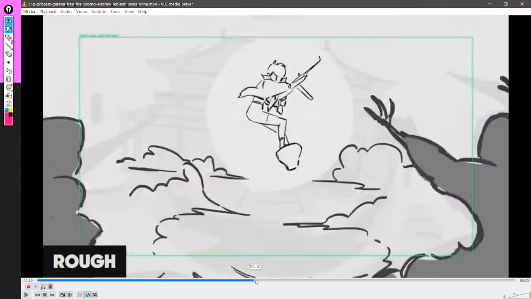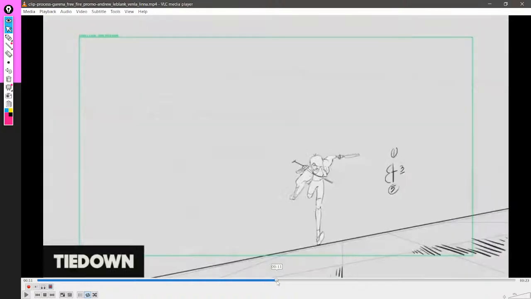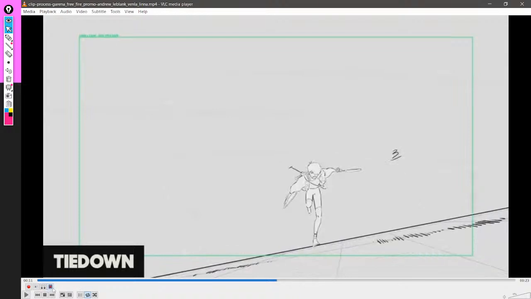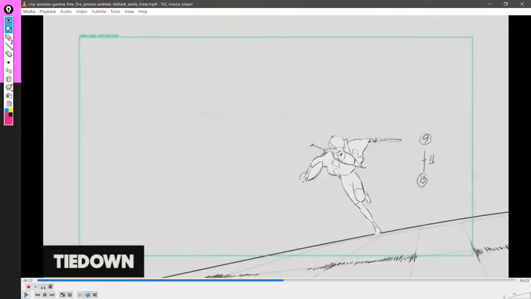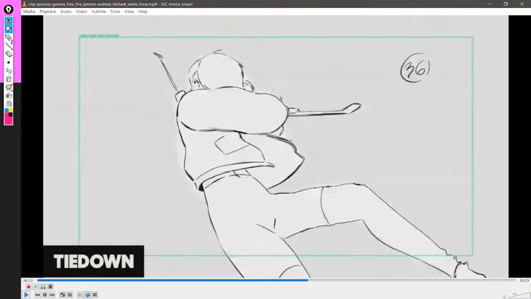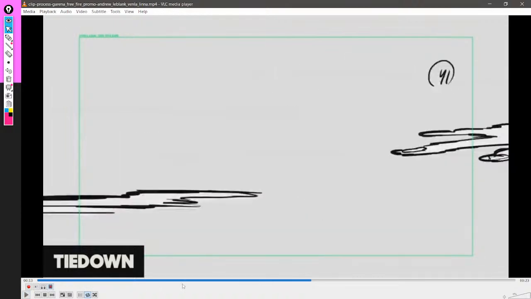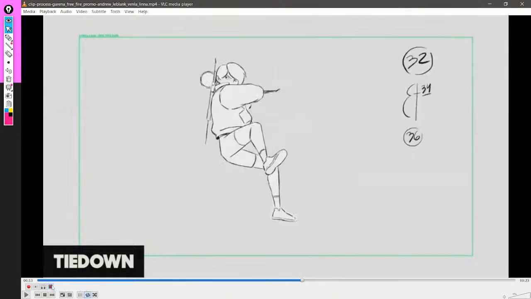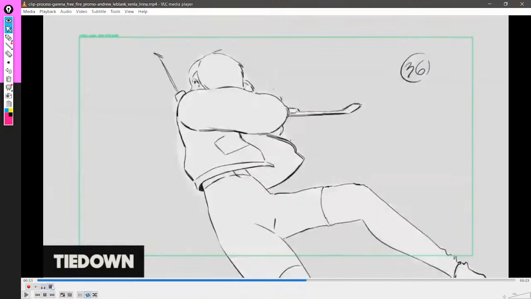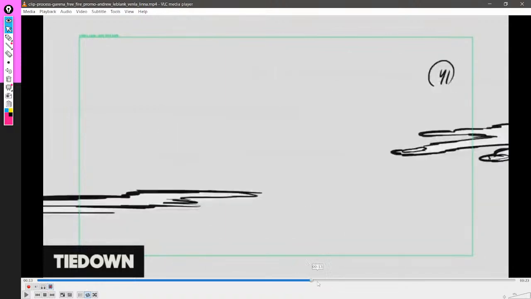I was wondering this during the part where she's hanging in the air, and during the tie down section there were a lot of lines to keep track of. But I think the way you break it down helps in understanding a lot of what was going on. Okay.